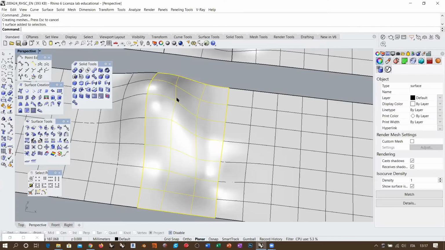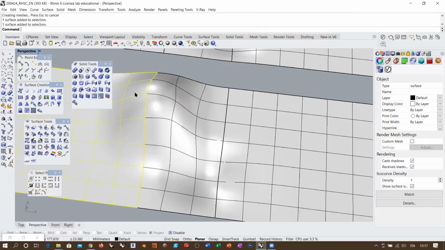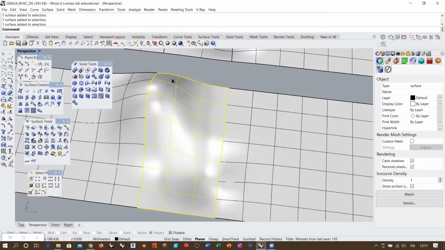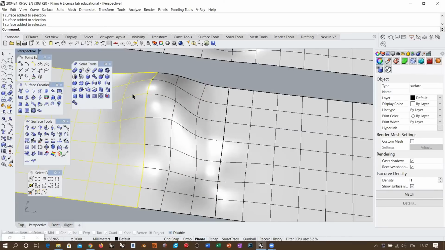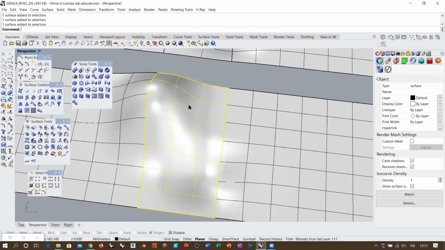So if you want this new surface to be tangent to the adjacent one, this surface will have its line of control points created in order to keep tangency and oriented according to the direction of the surface which corresponds to the first control point of your new blend surface.